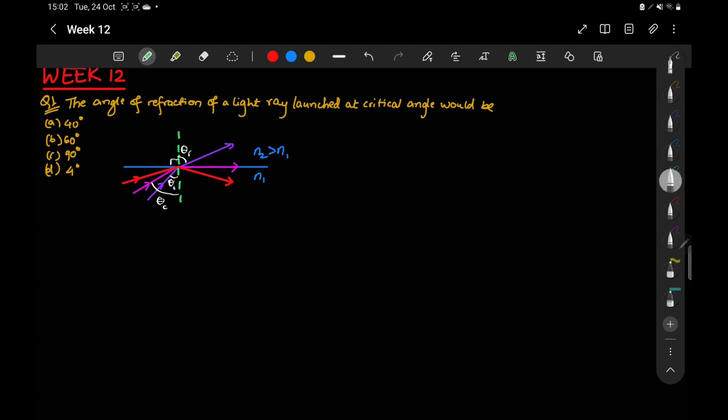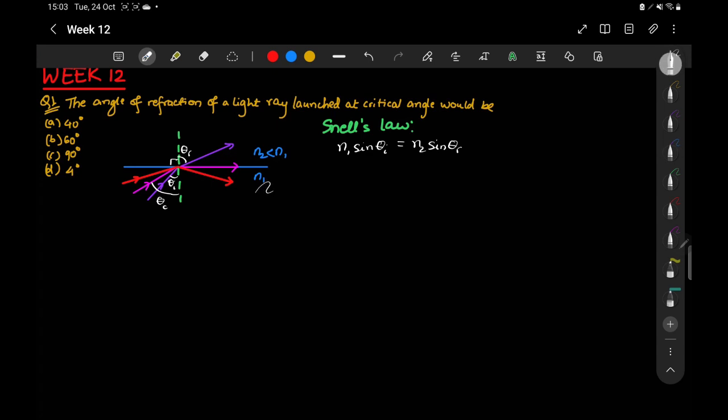Now, according to Snell's law, we have n1 sine theta I equals n2 sine theta r. And we want to see the case for which theta r is 90 degrees. Note that this will happen only when n2 is less than n1. From denser to rarer I am going.